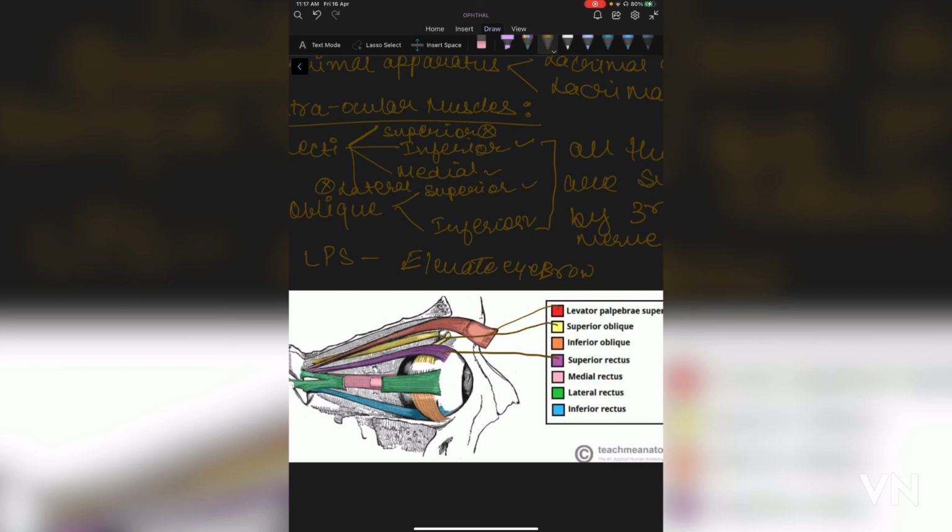This one is your superior rectus. This green one is your lateral rectus. The pink one is your medial rectus. The orange one is your inferior oblique. It goes in obliquely, and it is below, so it is inferior oblique. The superior oblique goes behind the eyeball. And the inferior rectus is this one.